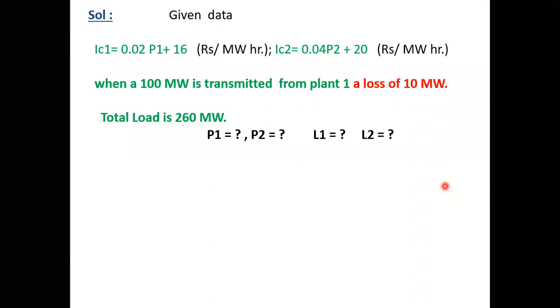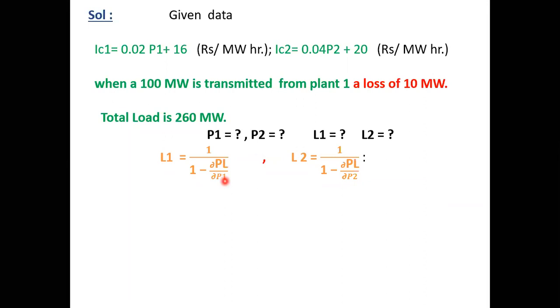We know the basic formula for penalty factors: L1 is equal to 1 by 1 minus dou PL by dou P1. Similarly, L2 is equal to 1 by 1 minus dou PL by dou P2. Here we need to understand the term dou PL by dou P1. Repeatedly I am saying that dou PL by dou P1 represents power loss with respect to the generation.